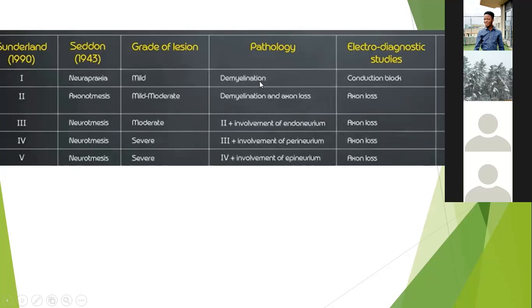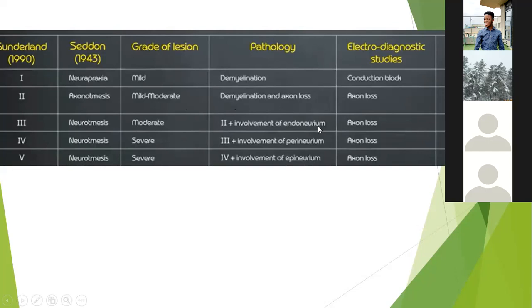In neuropraxia, you can have just simple compression, and then from there you can have demyelination. When you go to axonotmesis, you'll have both demyelination and the axon severing. When you go to grade 3, you're going to have that demyelination, axon loss, and in addition, you cut off the endoneurium.